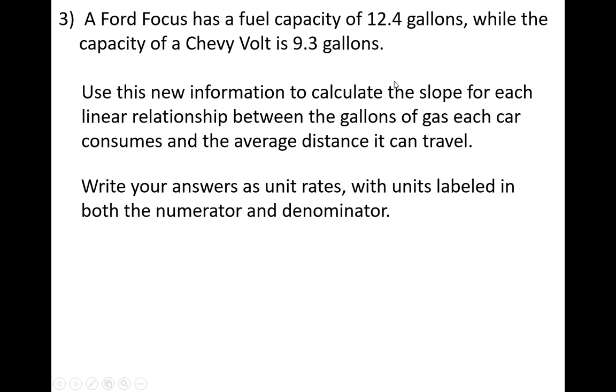Let's see. A Ford Focus has a capacity of 12.4 gallons, while the capacity of a Chevy Volt is 9.3 gallons. Use this new information to calculate the slope for each linear relationship. So we'll need the mileage as well.